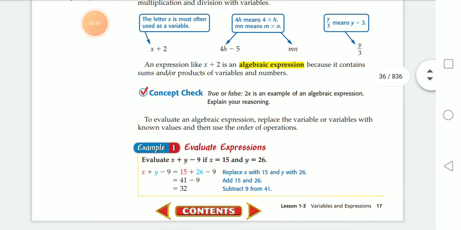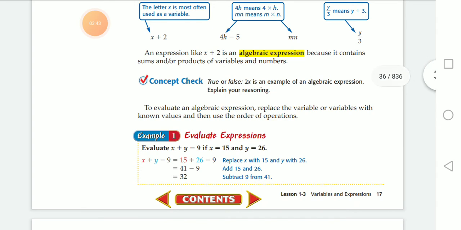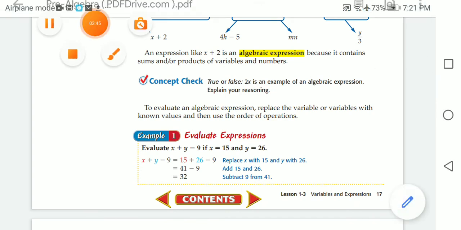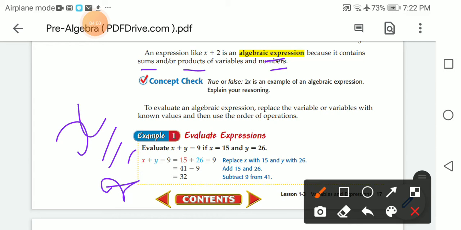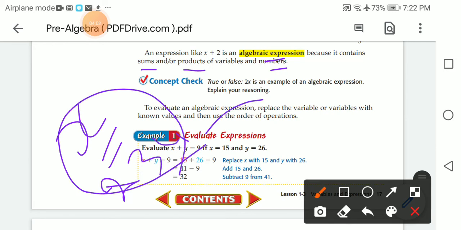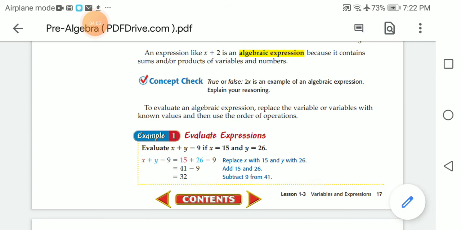An expression like x plus 2 is an algebraic expression because it contains what? Sums and or products of variables and numbers. So when you have variables and numbers like 2, 3, 4 and so on, this is called an algebraic expression.